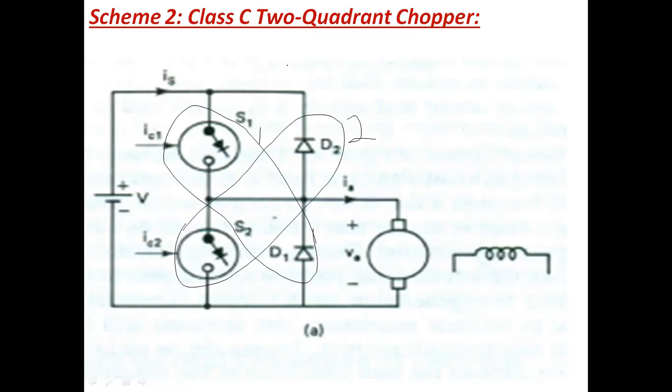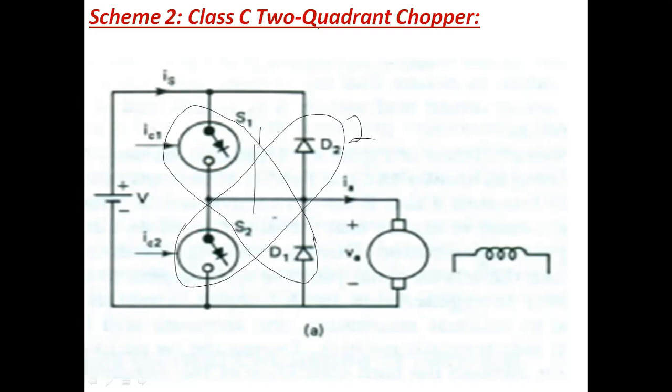Both the choppers are controlled simultaneously for both motoring and regeneration operations. And these switches S1 and S2 are turned on and off alternatively.